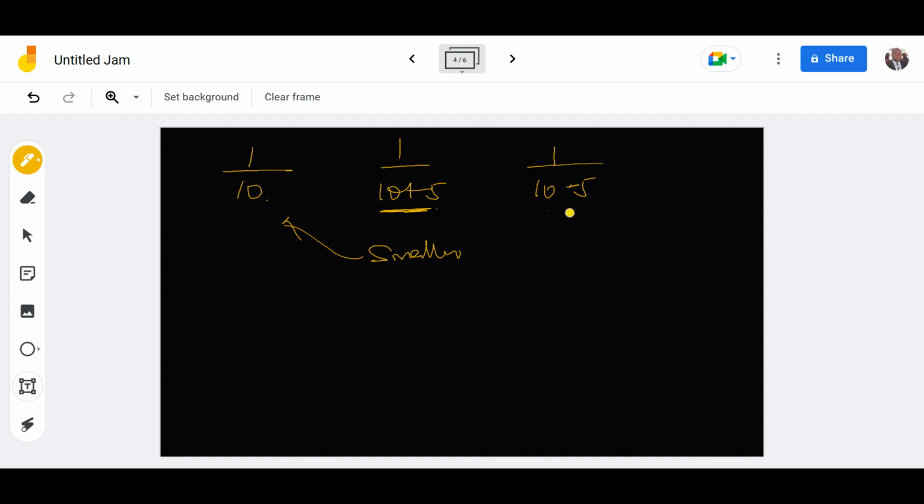Then we have another one, 1 over 10 minus 5, or otherwise 1 over 5. This fraction is bigger compared to this one, because the denominator is smaller. It's like 5 people sharing one item.